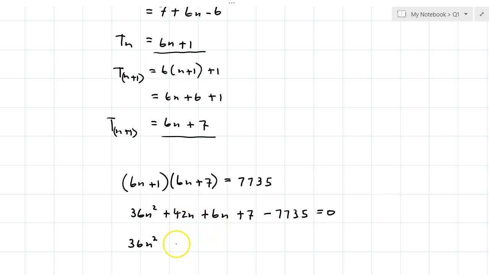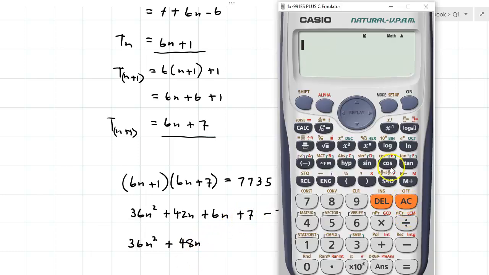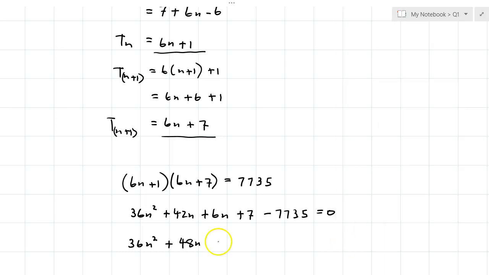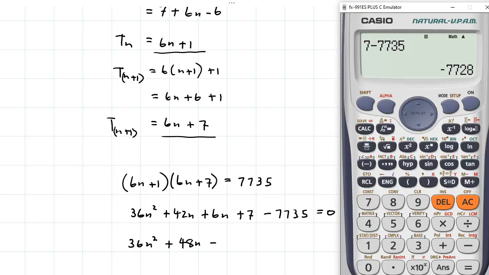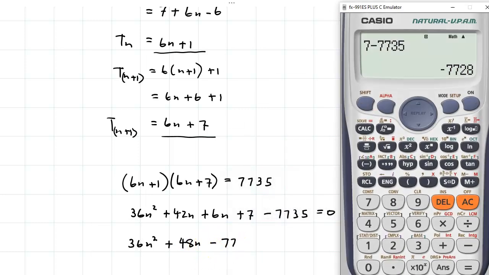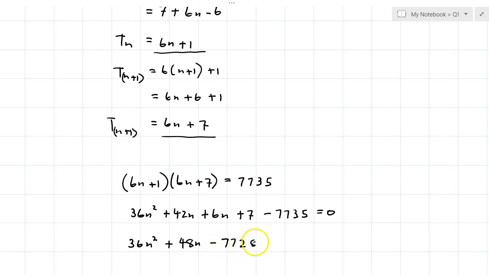So now we got 36n squared, and then 42n plus 6n is plus 48n, and then 7 minus 7,735, which is now going to equal minus 7,728 equals 0.